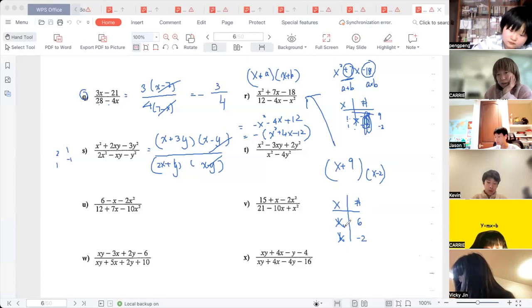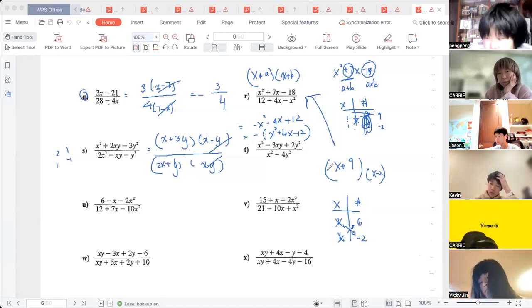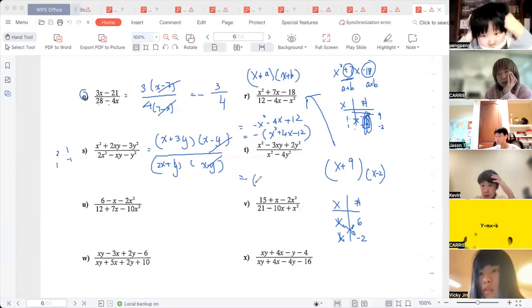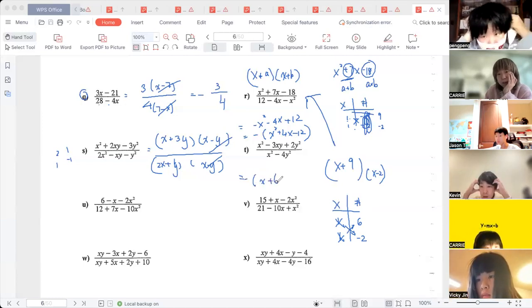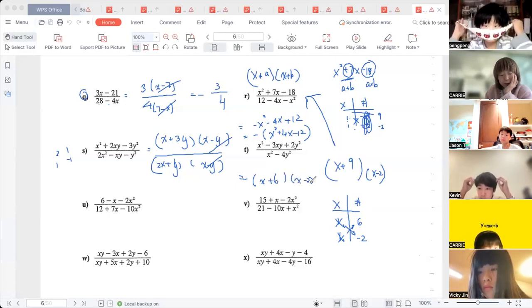Because you can see x times negative 2 equals negative 2x and x times 6 equals positive 6x. So positive 6x minus 2x equals positive 4x. So don't forget the negative sign, okay, everybody? So it's negative (x plus 6) times (x minus 2).